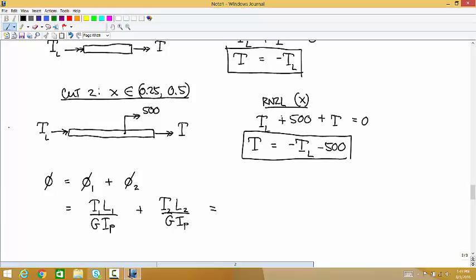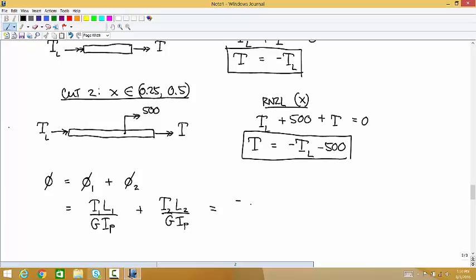And we can substitute in these expressions that we found, because right now we know that we can set this equal to 0, and we could set it equal to 0 right here. It's not wrong, but that would give us a third equation that introduces 2 more variables, and it doesn't help us. That's the reason that we did these cuts, to express our internal torques in terms of variables that were already in equations.